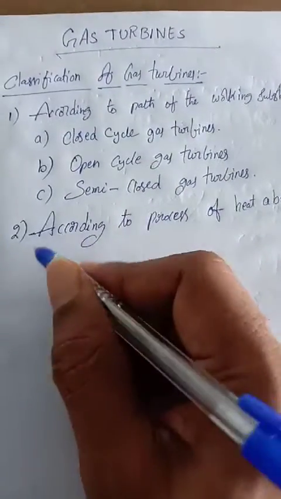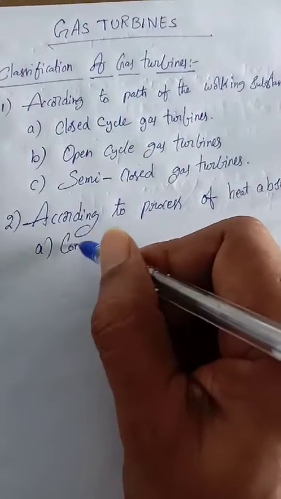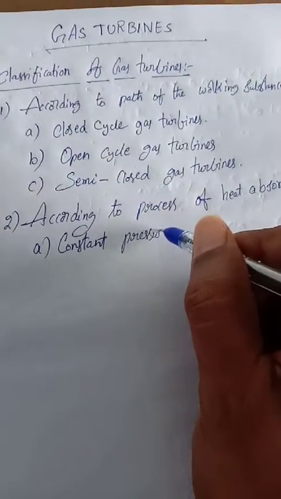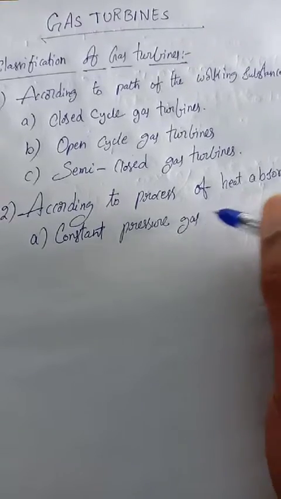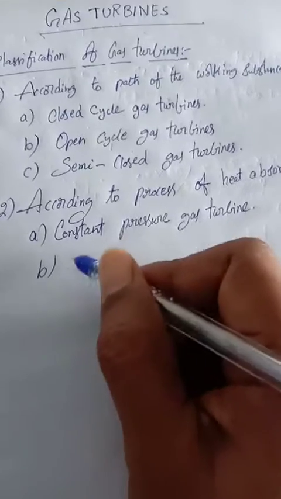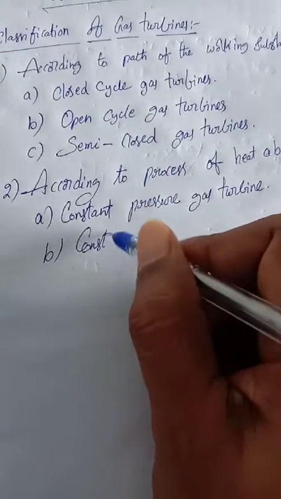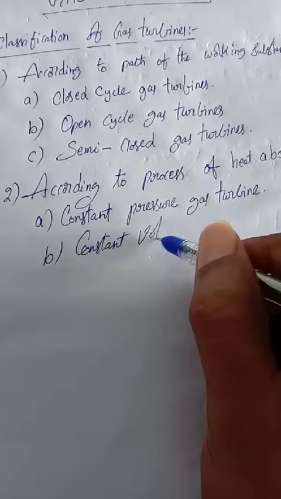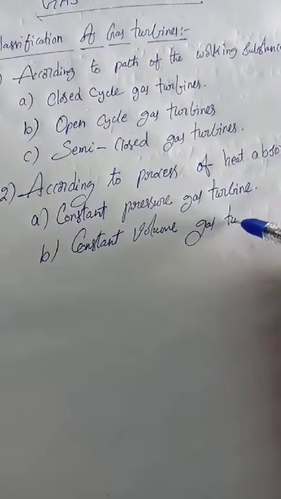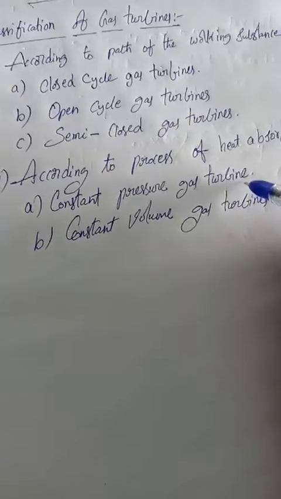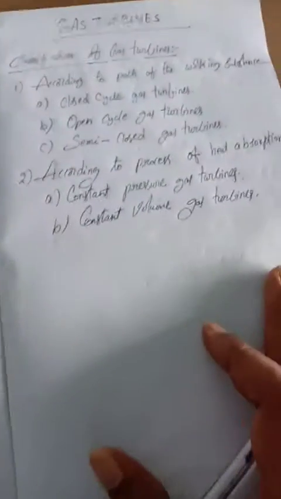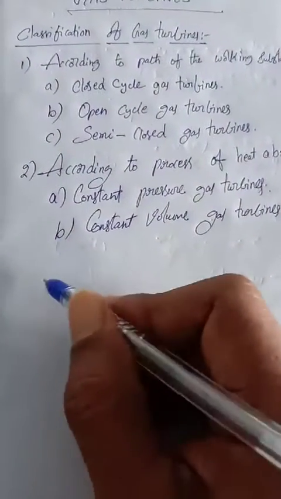A is constant pressure gas turbine, and B is constant volume gas turbines. Okay, these are all the classifications of gas turbines. Then we are going to see them one by one.